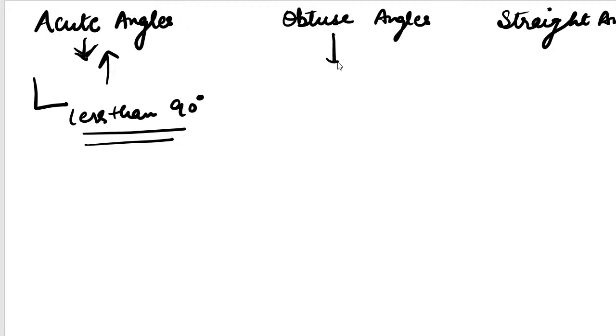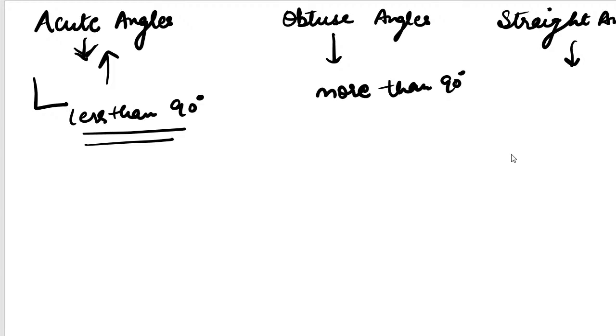And if it is more than 90 degrees, then it is always an obtuse angle. But what are straight angles?